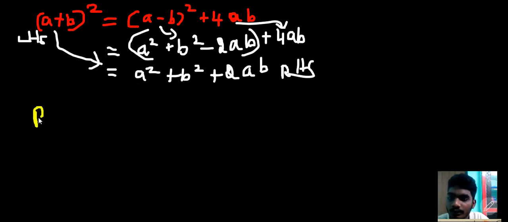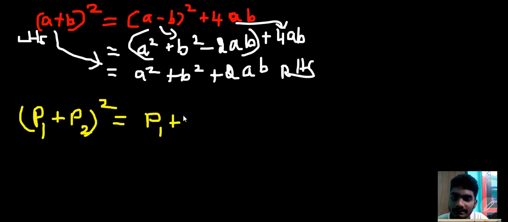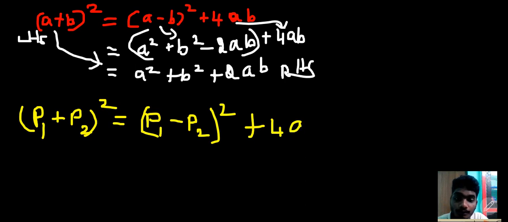Here we are going to use (p1 plus p2) whole square is equal to (p1 minus p2) whole square plus 4 p1 p2, right?